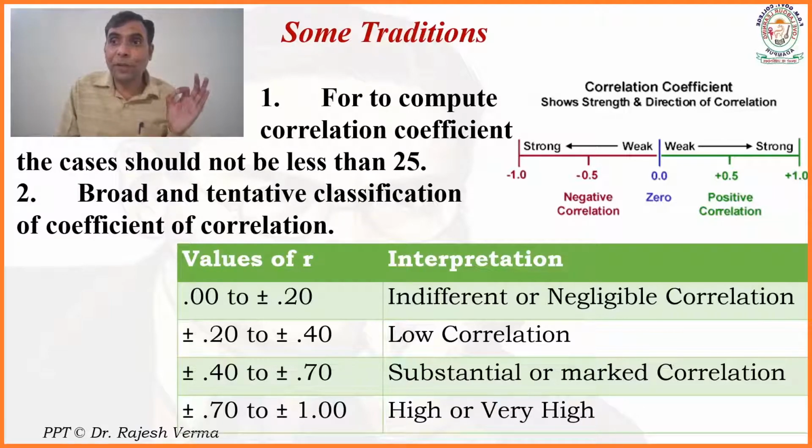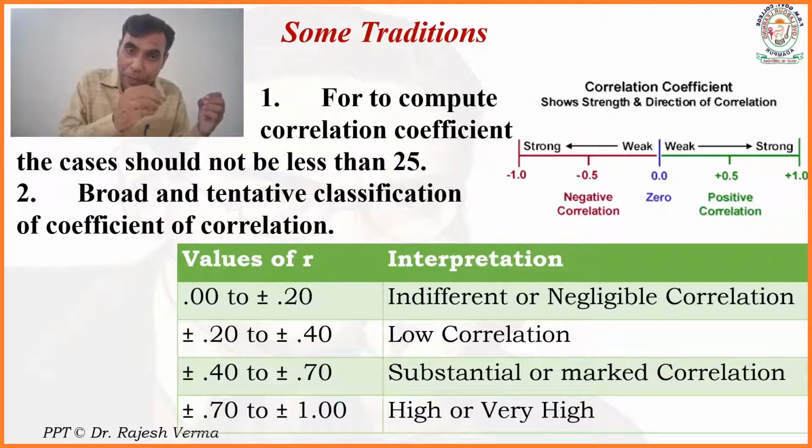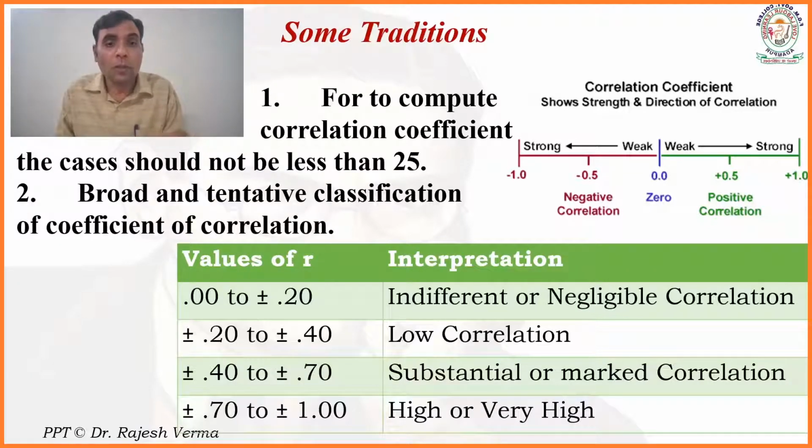So, if your correlation coefficient is from 0.00 to plus minus 0.2, that is considered an indifferent or negligible correlation, meaning there is no value of association between these two variables. If it is plus minus 0.2 to plus minus 0.4, it is considered a low correlation.